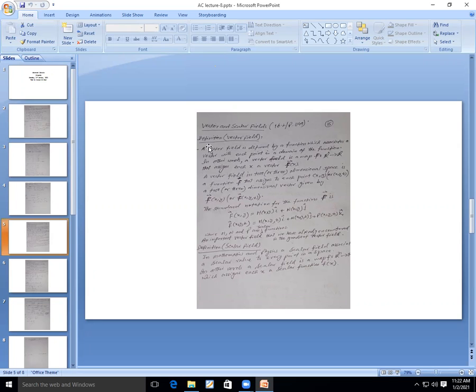Now we come to the definition of a vector field. We are more interested in vector fields.